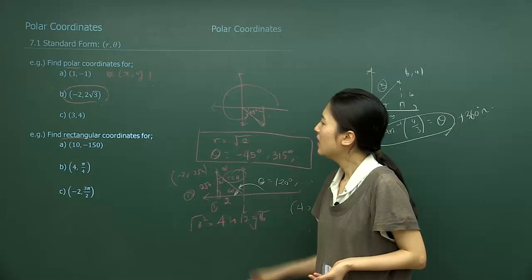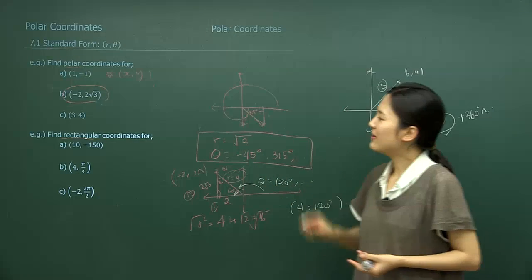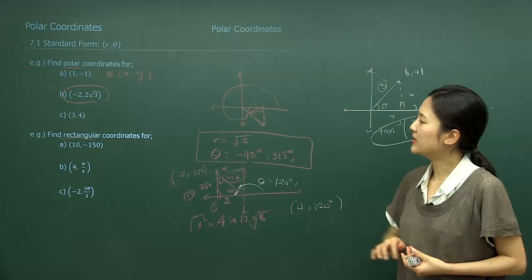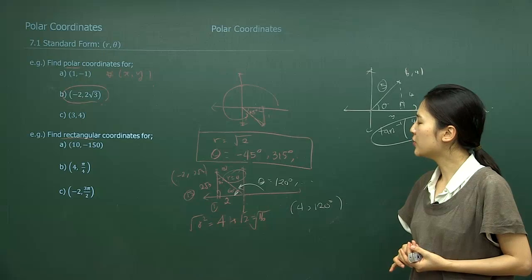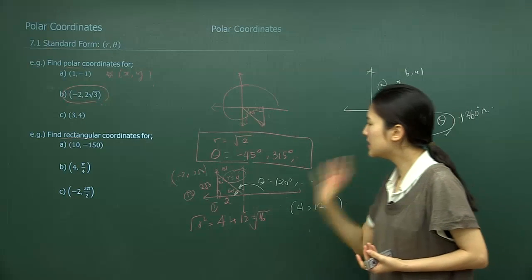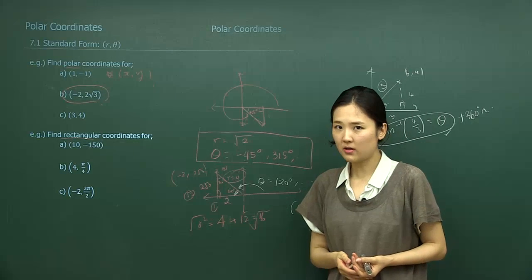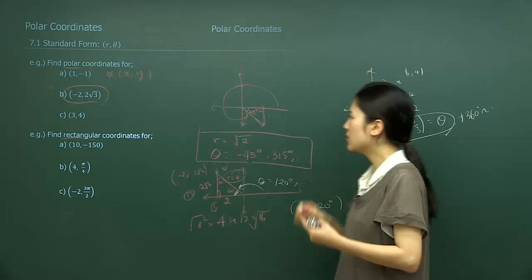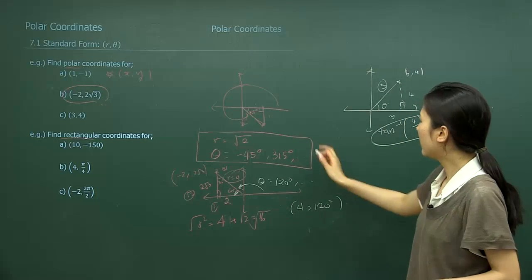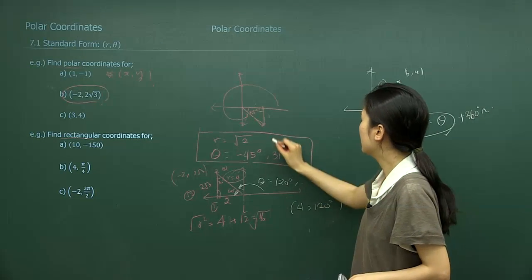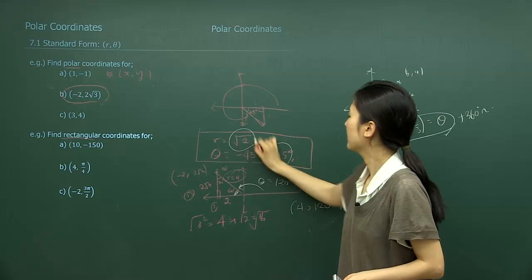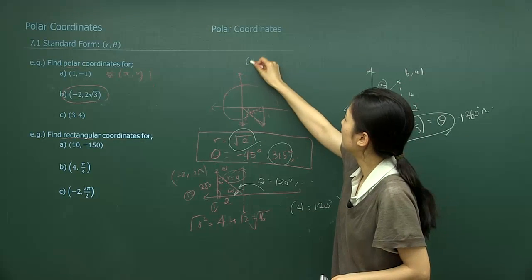All right, now, there's one thing before we move on to the next set of examples that I want to discuss with you. The distance r should be positive, right? So I'm going to use our first example.